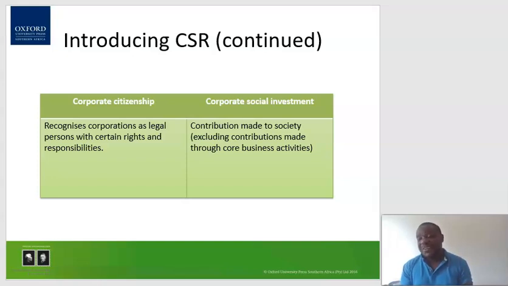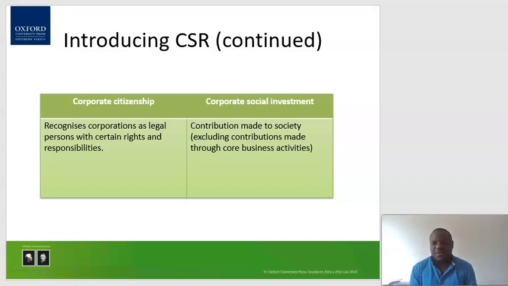This is also part of corporate social responsibility, and it includes the contribution that is made to society, excluding contributions made through the core business activities. So, for instance, a company may say they contribute a certain percentage of their profit to maybe sporting activities or to charity.